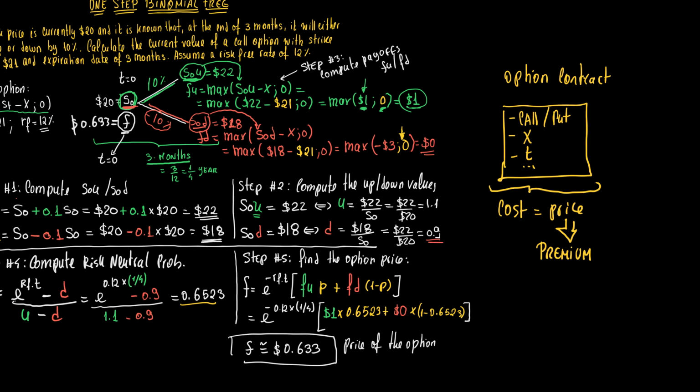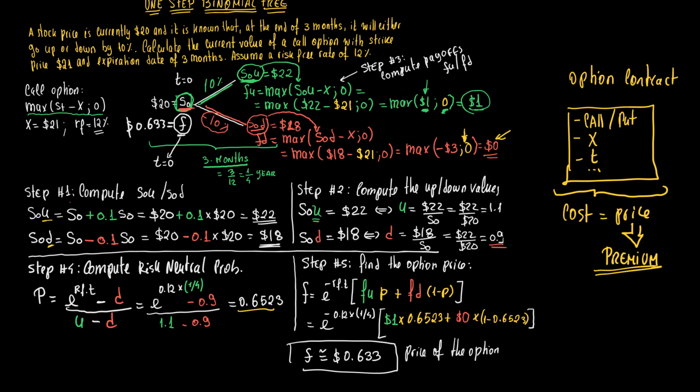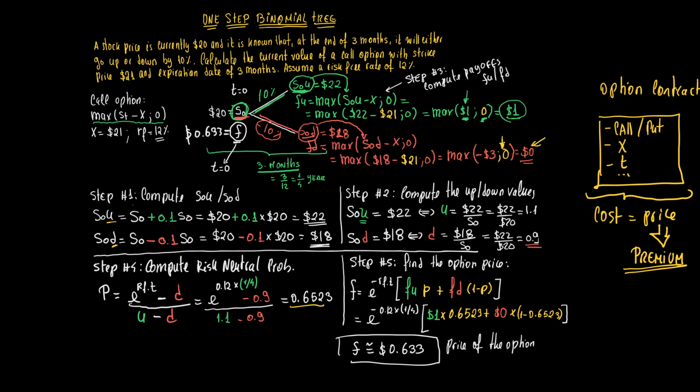Like in this situation, if I see that I get a loss, in option contracts I am not forced to exercise because I paid a premium. This premium is what gives me the freedom to walk away from my contracts. And the goal of this module, or of option pricing, is always to find a fair price to give to this option.